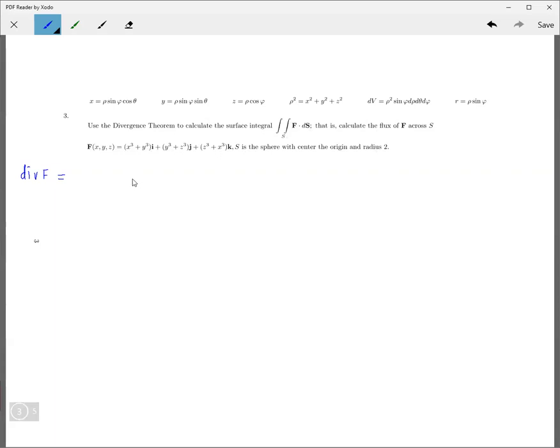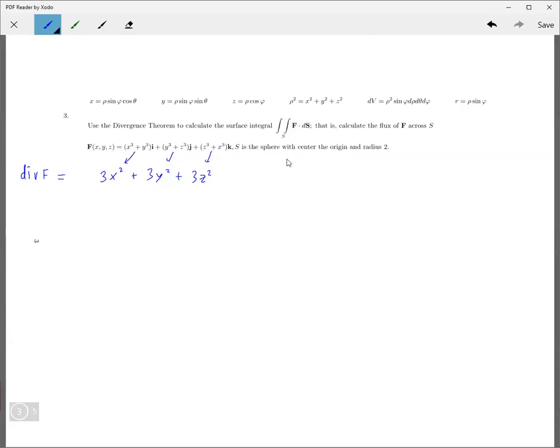What's that going to be? It's going to be 3x squared plus 3z squared. Yeah, so that's the partial of that one with respect to x, partial with respect to y, partial with respect to z. Okay, so that's nice.